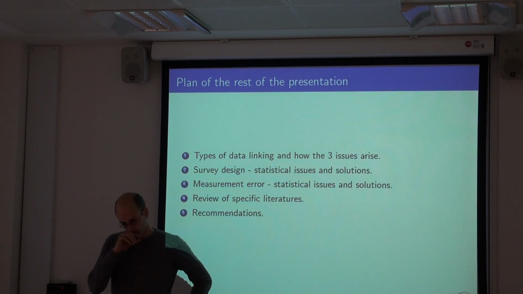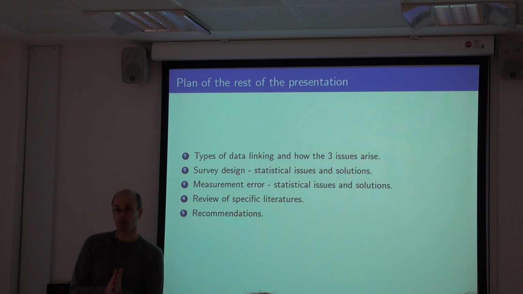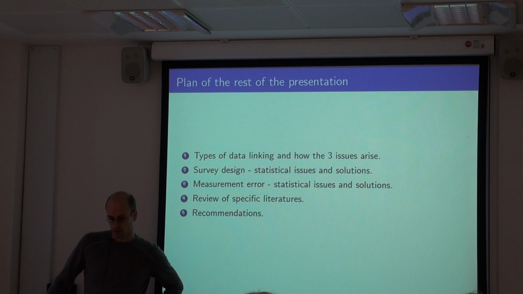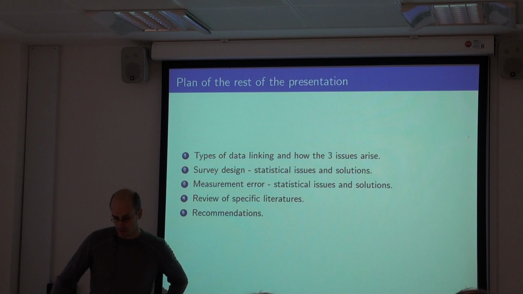Okay, so again, this talk is not really going to be very precise about any detailed problems about data linkage, just giving you some of the high-level issues. And now I've given you a very high level. Now I'm going to give you slightly more detail about survey design, types of data linking, survey design, measurement error.